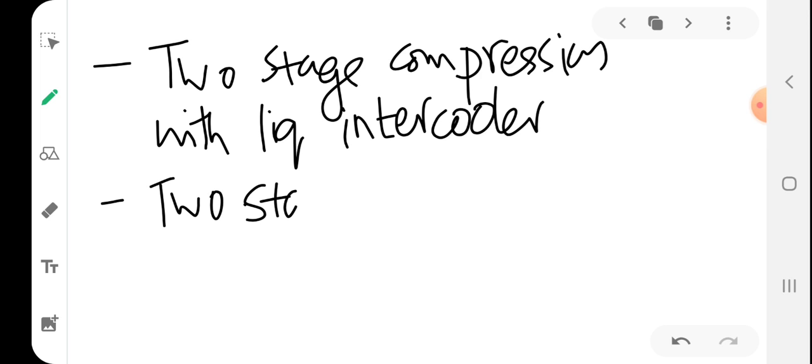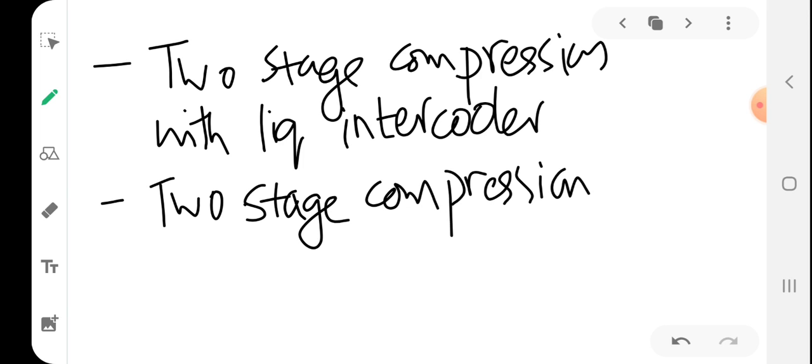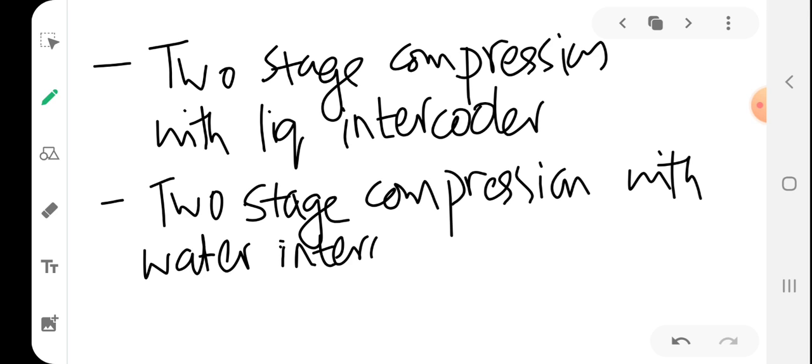And the second one was two-stage compression with water intercooler and liquid subcooler, right? Water intercooler and liquid subcooler.